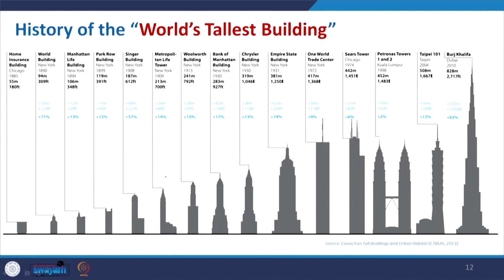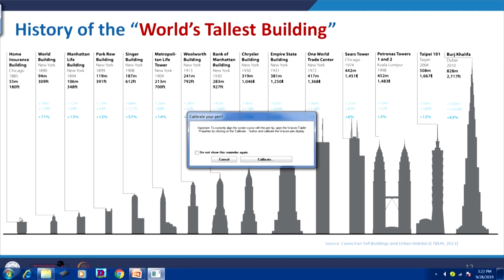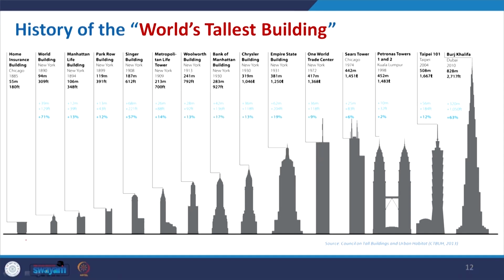Now, coming to the history of the high rise, the Home Insurance Building, as I mentioned, is considered to be the first high rise building.